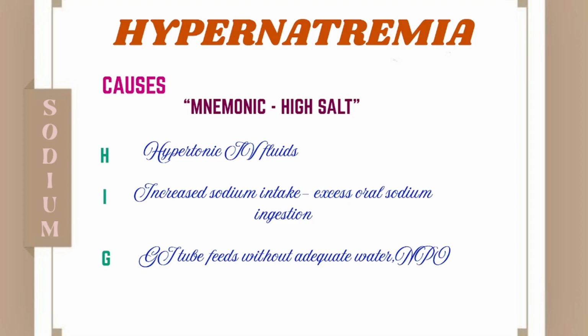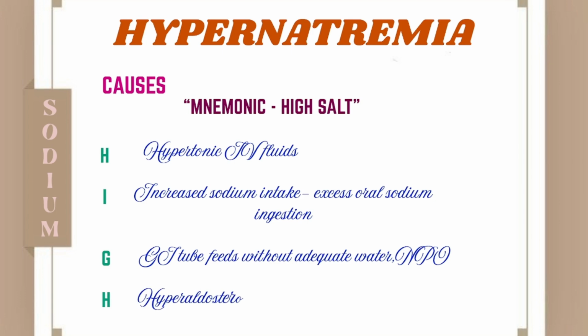So the person who is taking care of the patient gives them water, and sometimes with feeds or in between meals less water is given to that patient, and because of less water, as compared to water the sodium concentration gets increased. So there is imbalance called hypernatremia in the body.